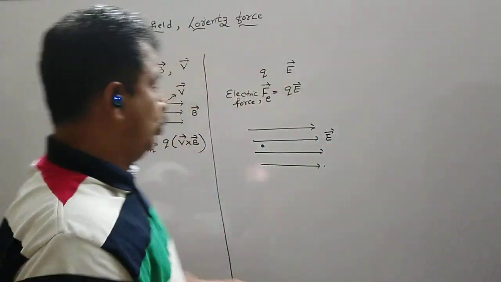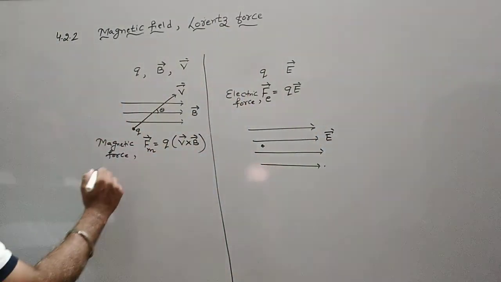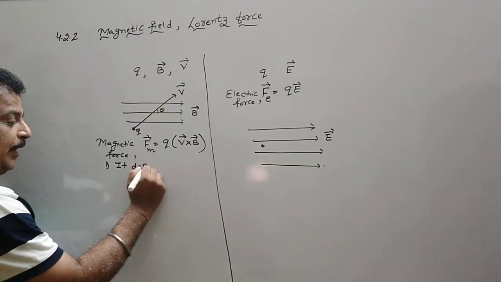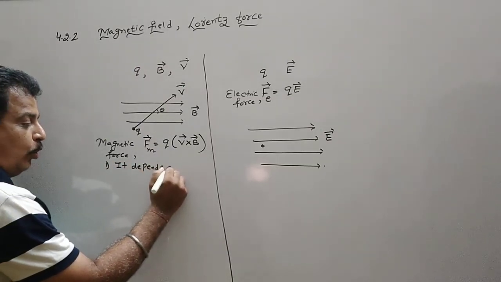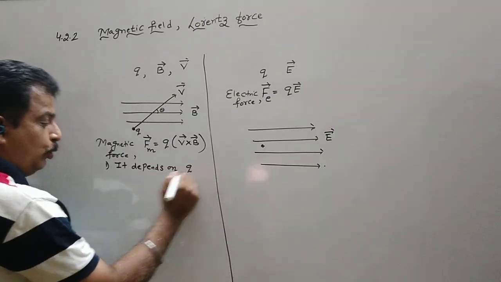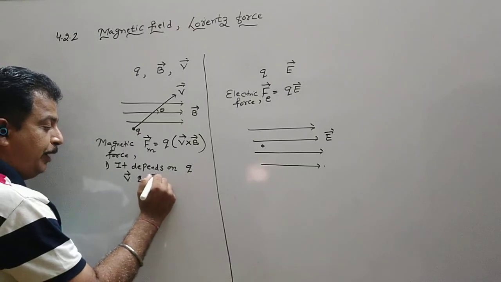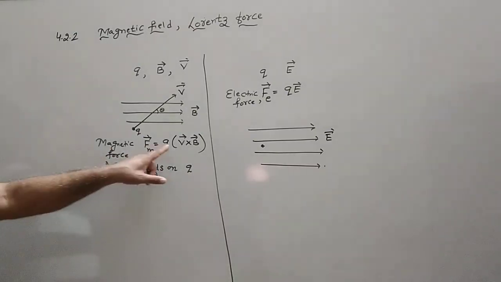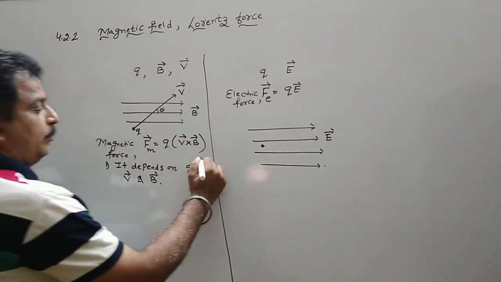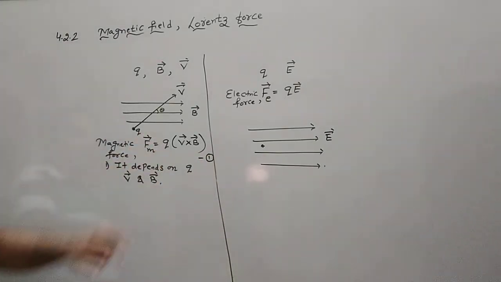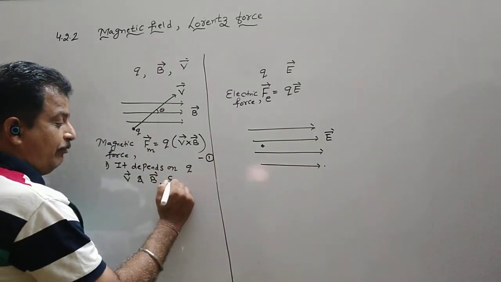So the magnetic force properties are: number one, it depends on Q, V vector and B vector. Let us give this as equation 1. This is the formula for force.